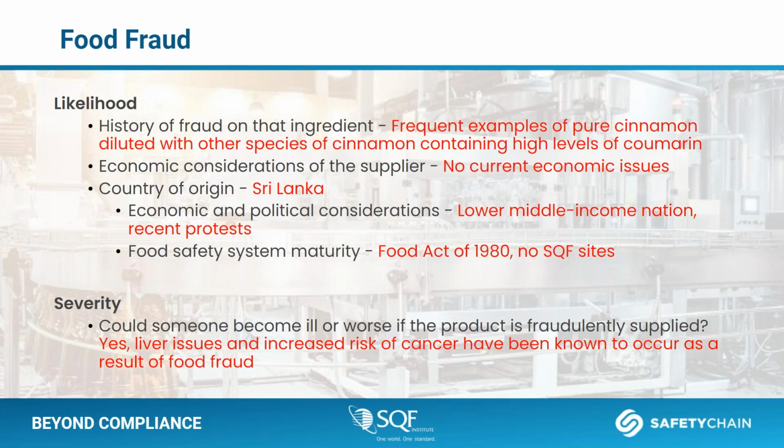And then I would take into consideration the economic situation of that supplier. Maybe there are no economic issues, or maybe my potential new supplier has had some economic issues. Maybe they have had to close production for a certain period of time. Maybe they've had regulatory issues where they've been shut down or had to do some additional things that would impact their economy.